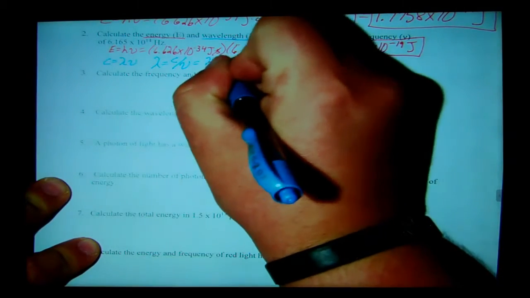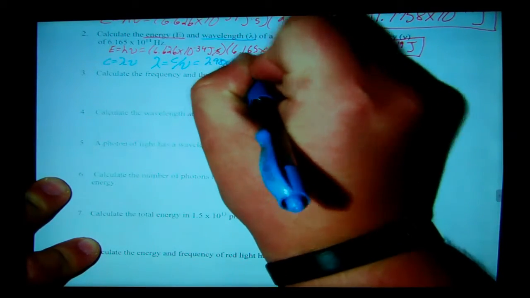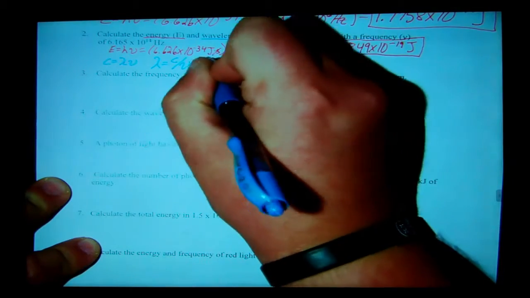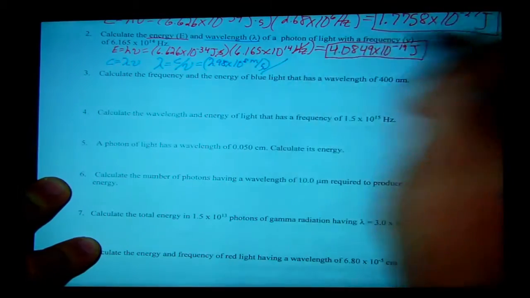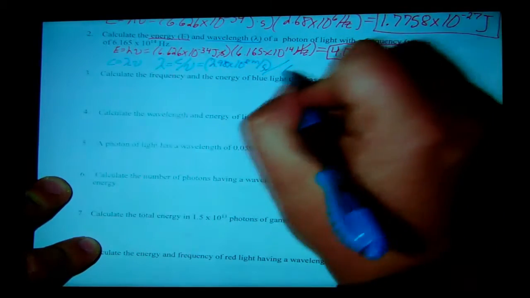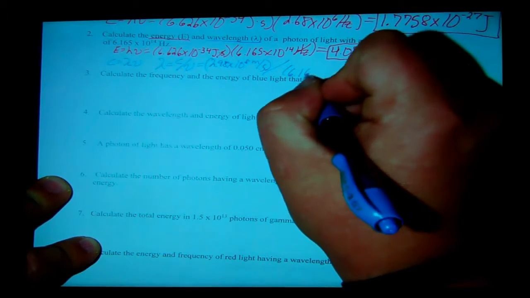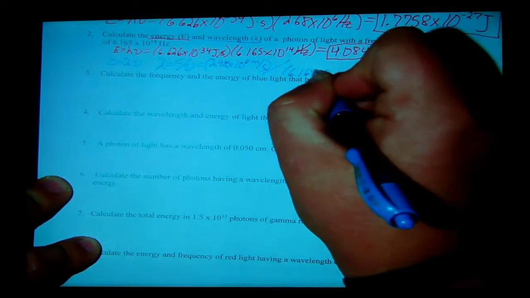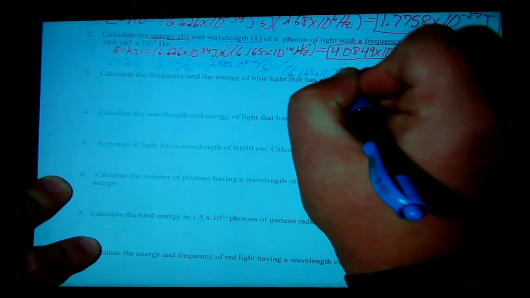So plugging in the information, 2.98 times 10 to the 8 meters per second divided by frequency. In this case, it was given to us, 6.165 times 10 to the 14th hertz.